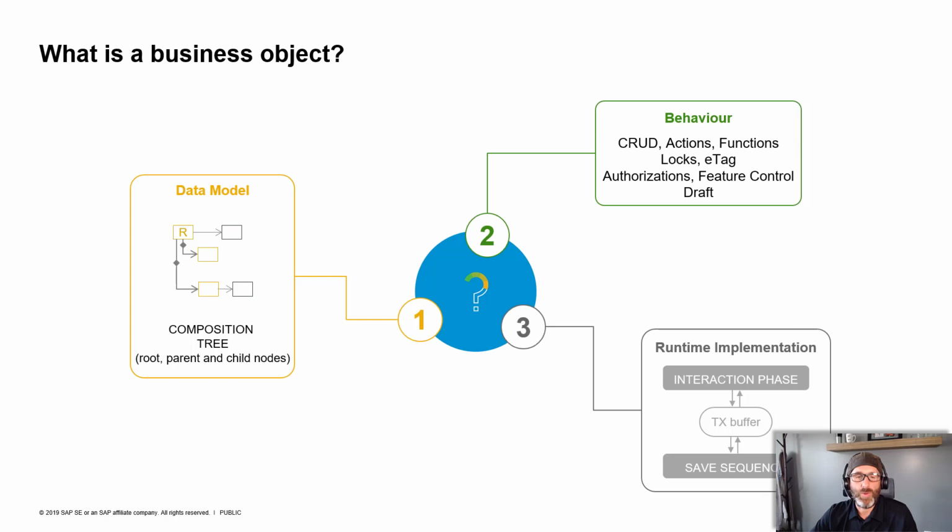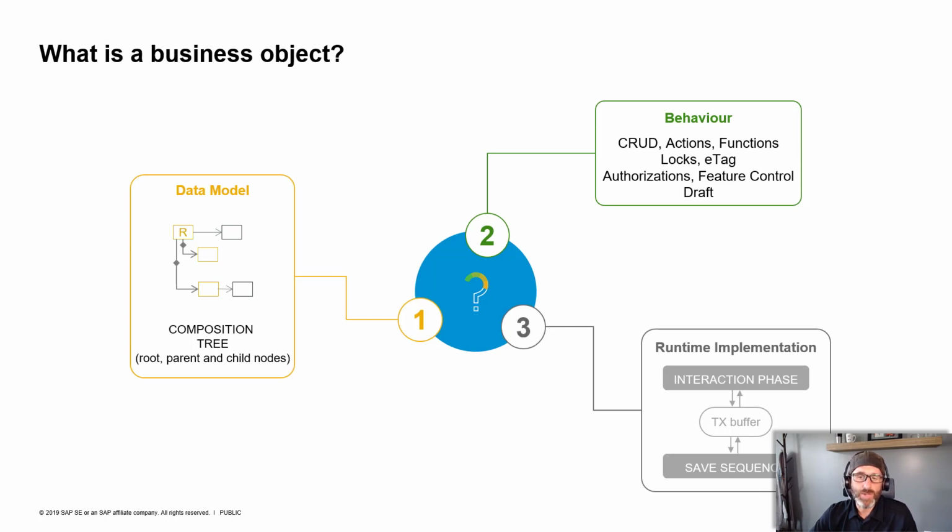Feature control is a way to influence the appearance of fields or operations. For example, disabling and enabling operations, or making fields read-only. Doing this either statically or programmatically. So for example, if a user is a manager, he should be able to edit the business object, while other users might only have display only or things like that.